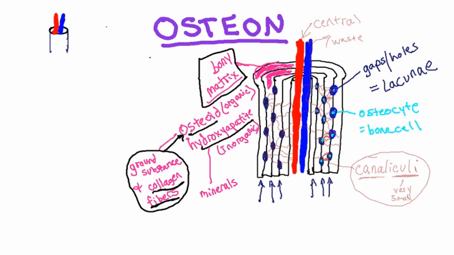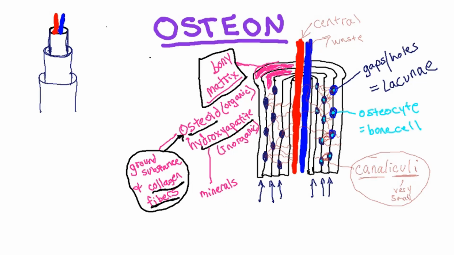Now surrounding that cylinder of lamellae, of course, there is another, since these are circular layers, cylinders within cylinders. So then there's another layer of lamellae that wraps around in a cylinder around that one. And then there is another layer of lamellae that wraps around that cylinder, and that makes a cylinder.